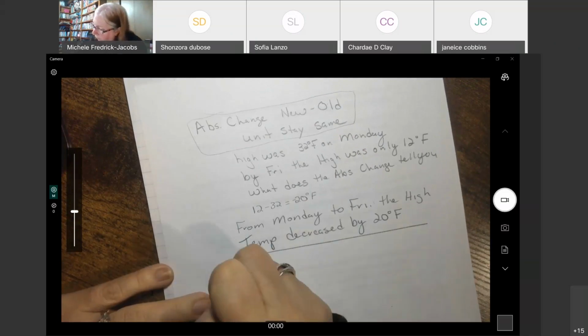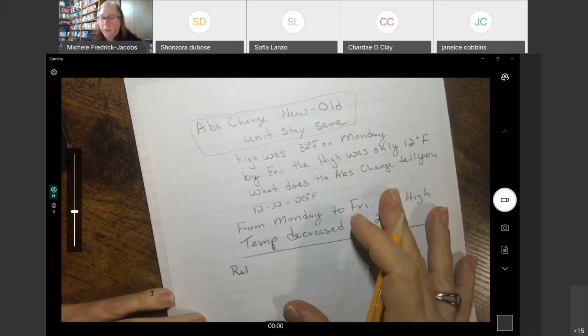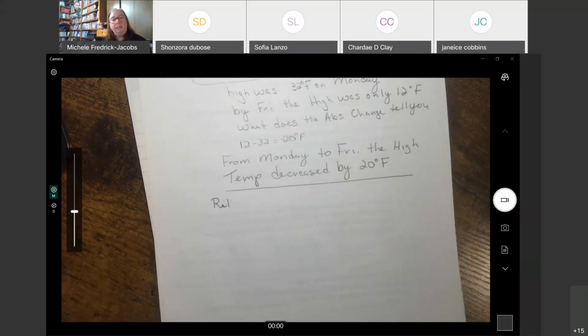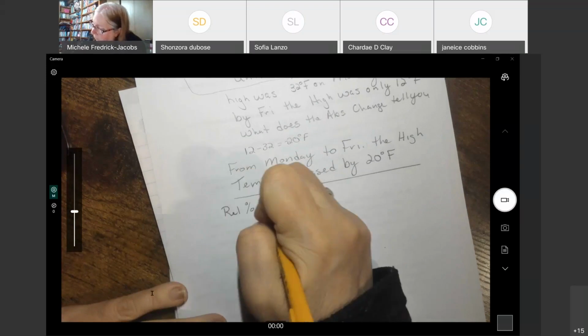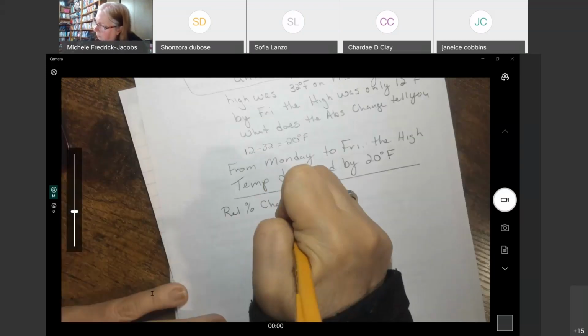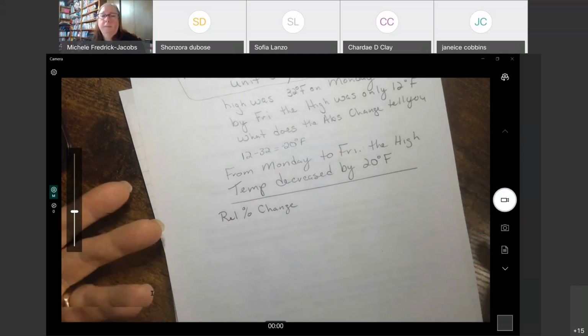The other formula, relative change or relative percent change. Relative change is just the decimal. When you multiply by 100, you get the percent. So they're telling you the same thing. One is a decimal, one's a percent. But it's telling you the rate of change. I usually use percent simply because I think it's easier to explain in a sentence.